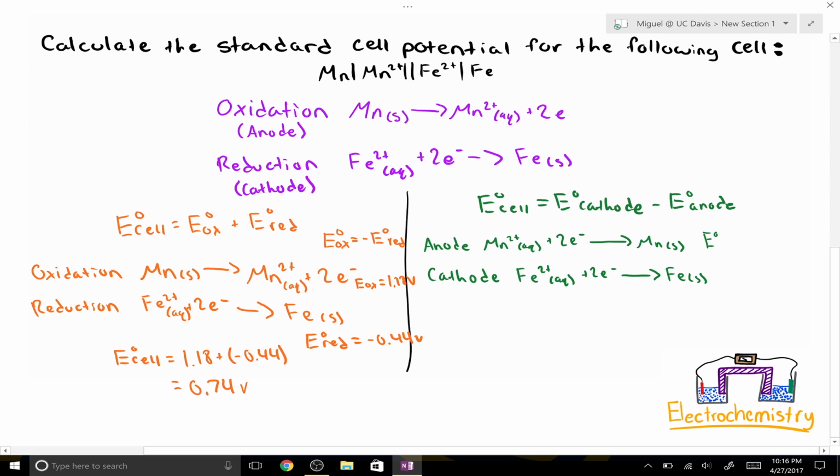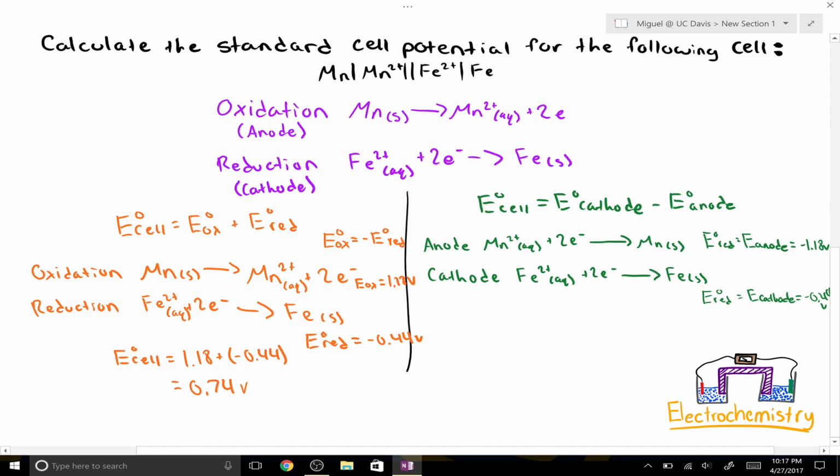E reduction is equal to E anode, which ends up being equal to negative 1.18 volts. And then for the cathode, the E reduction is equal to E cathode, which ends up being negative 0.44 volts.